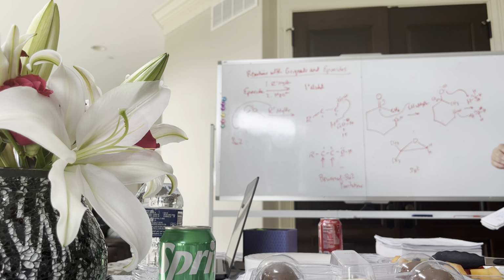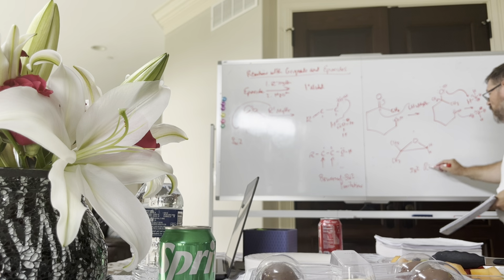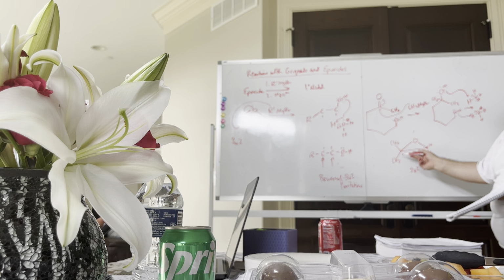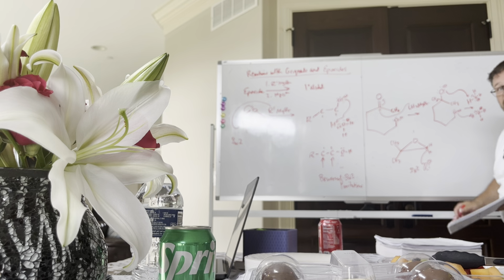This is big and bulky, right? If I go here, I'm dealing with this crowded area. Why would I go there? That's too hard. So it's going to choose to go to the least sterically hindered area. That's what that means.